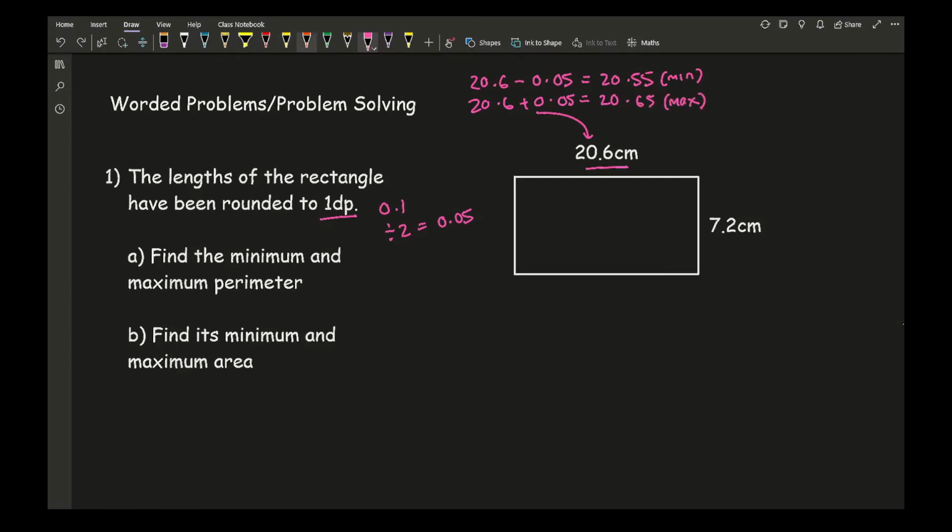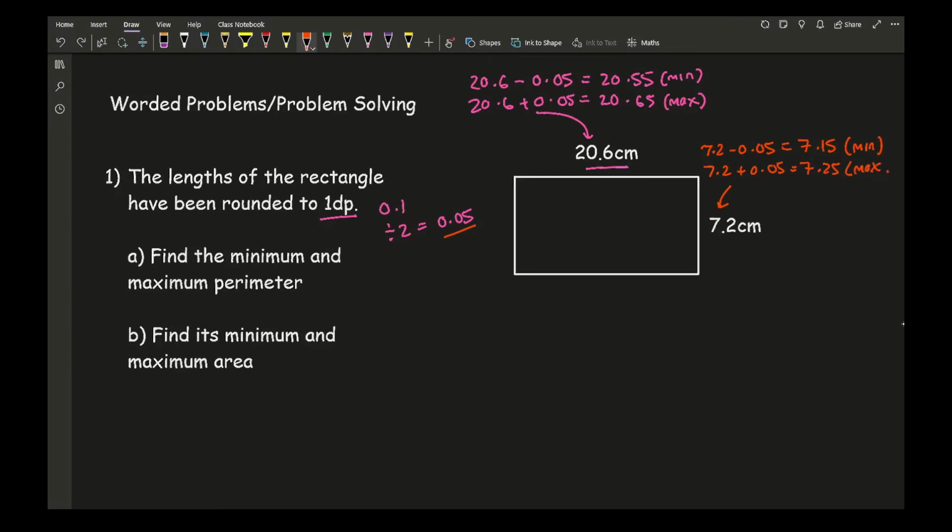Then moving on to the height of the rectangle, well again I'm going to add and subtract 0.05, so it's going to be 7.2 minus 0.05, which is 7.15, and that's going to be the min. Then I've got 7.2 plus 0.05, which is 7.25, which is the maximum.